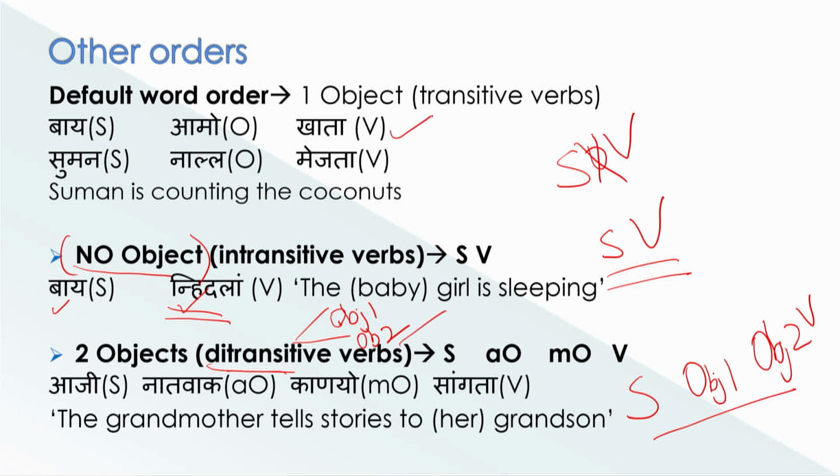So we saw that Konkani has subject, object, verb order. When there is no object, it is subject and verb. When there are two objects, it is subject, then the auxiliary object, then the main object, and then the verb. So for example, Aji Natwak Kaniyo Sangta, the grandmother tells stories to her grandson. Here the verb is telling.